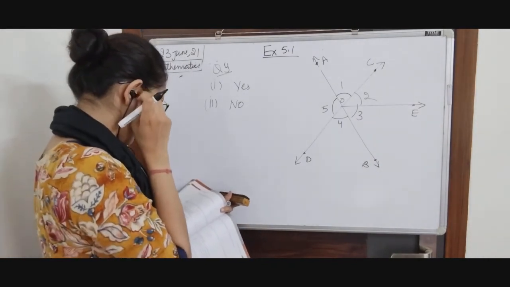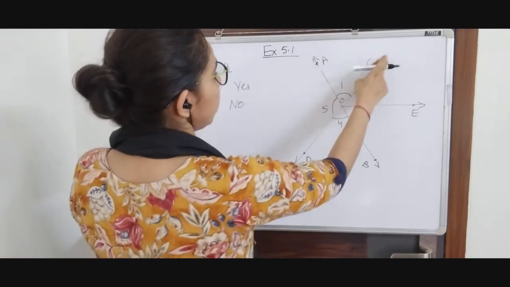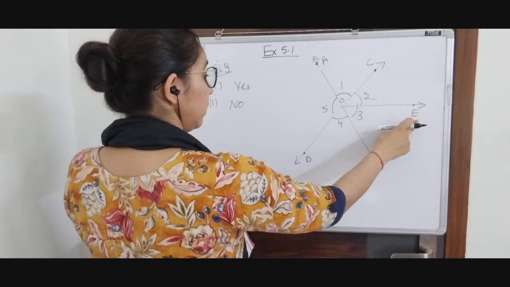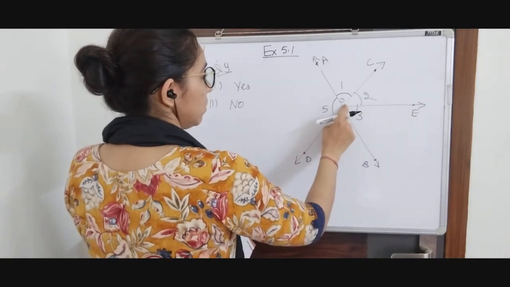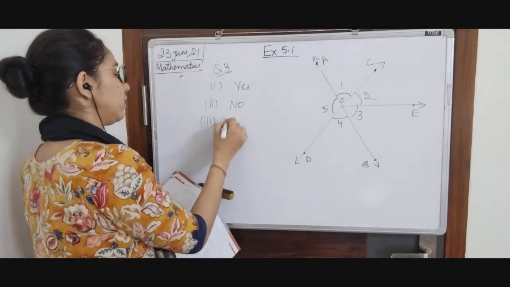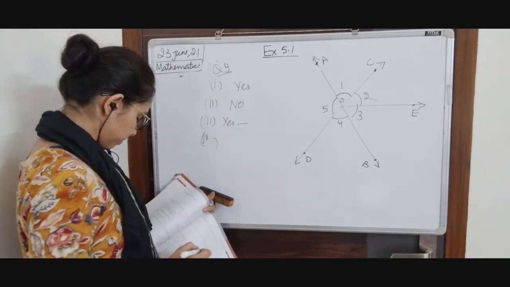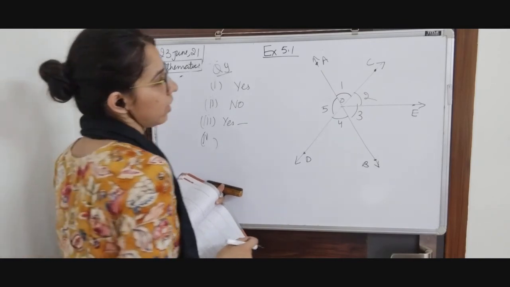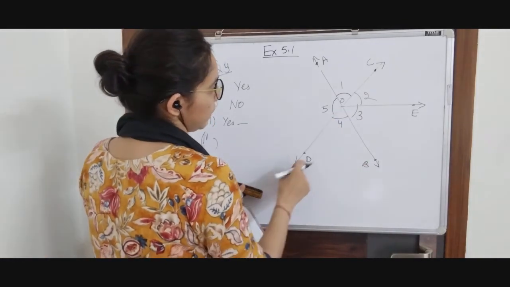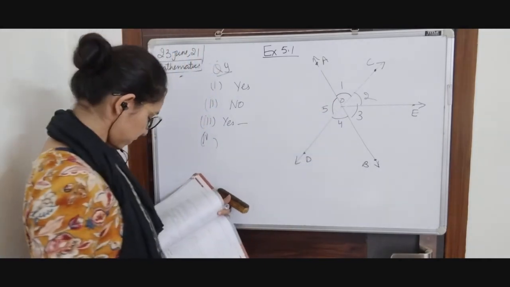Do COE and EOD form a linear pair? Yes, they form a linear pair. Fourth one, BOD and DOA. Are they supplementary?